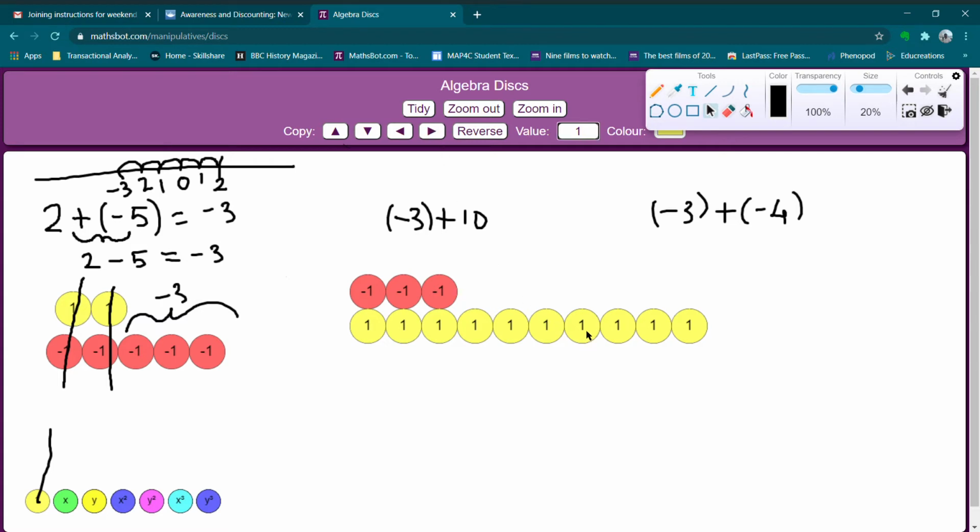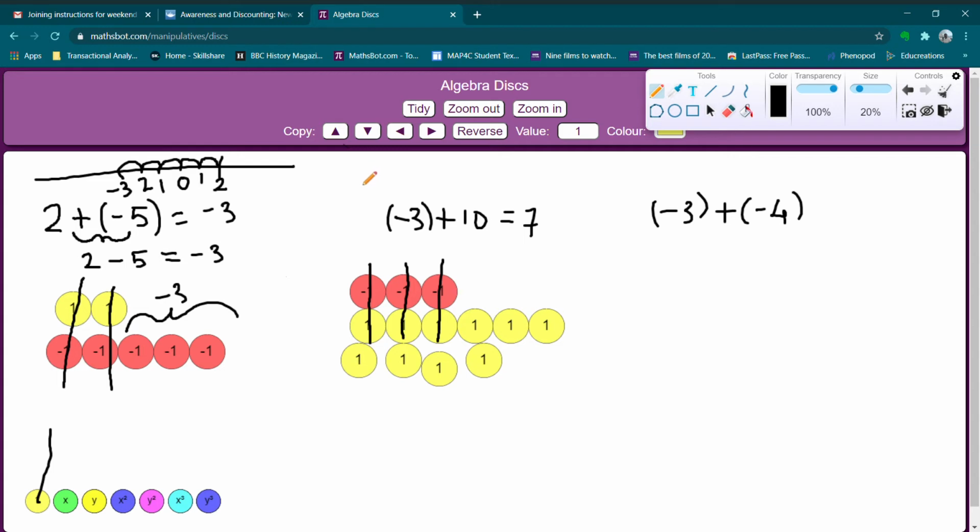Because there are so many coins and circles there, I'm going to move it down here. No, that should be a reverse. And so here are your 10. So let's look at how we are going to get 0 pairs here. 1, 2, 3 zero pairs. And if we count the rest, we have 1, 2, 3, 4, 5, 6, 7. So the answer to this is 7.